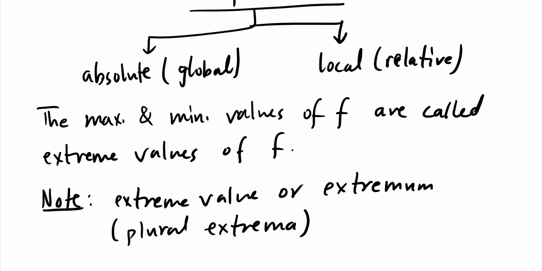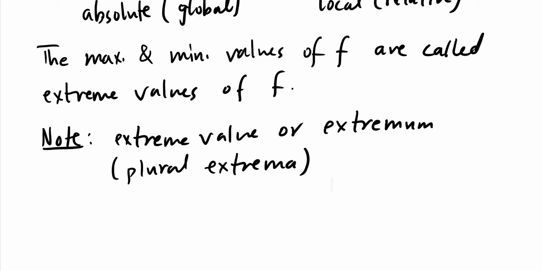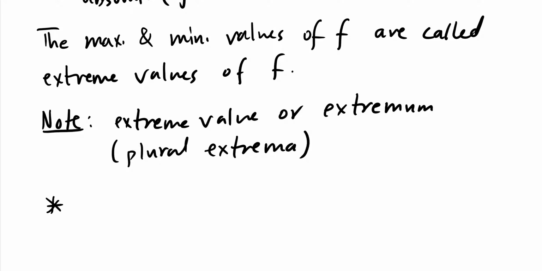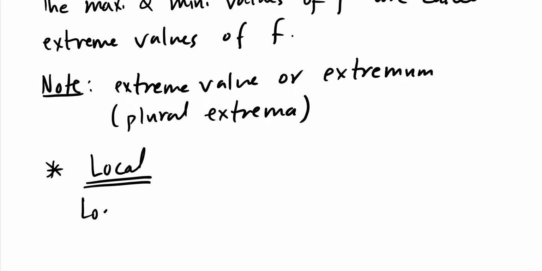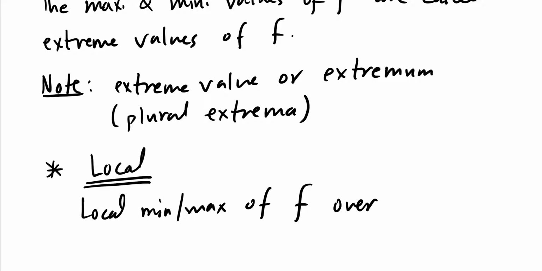We start with the local first. Let me introduce what local means, why we call it local or relative. A local min or max of function f is the minimum or the maximum value that the graph or the function can reach over a specific interval.